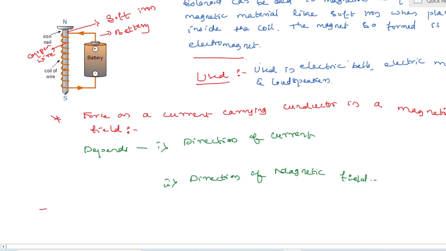Yes, my dear students, direction of current means the direction of force on the conductor can be reversed by reversing the direction of current.